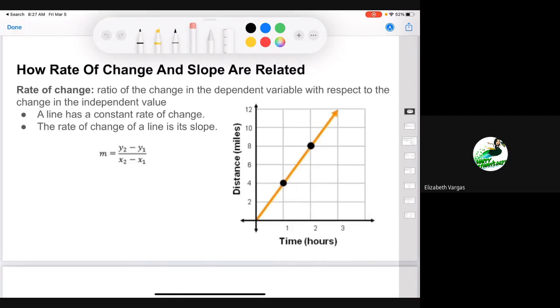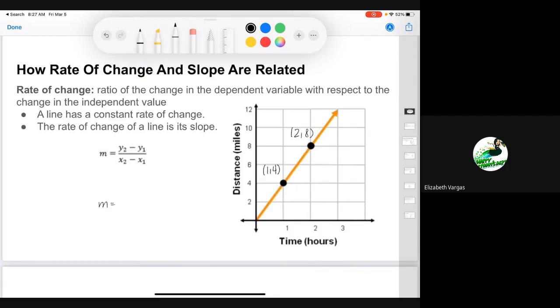So in order to find the slope of a line, we use this equation located right here. How we go about solving this equation is, let's locate two coordinates on the graph. So this one's (1, 4), and this one is (2, 8).